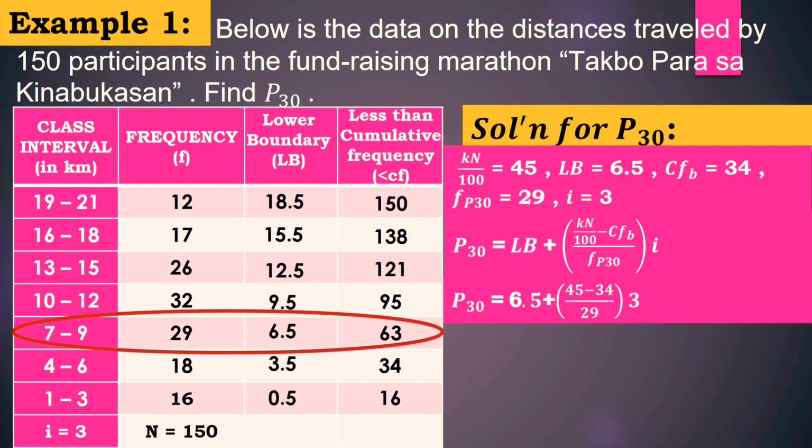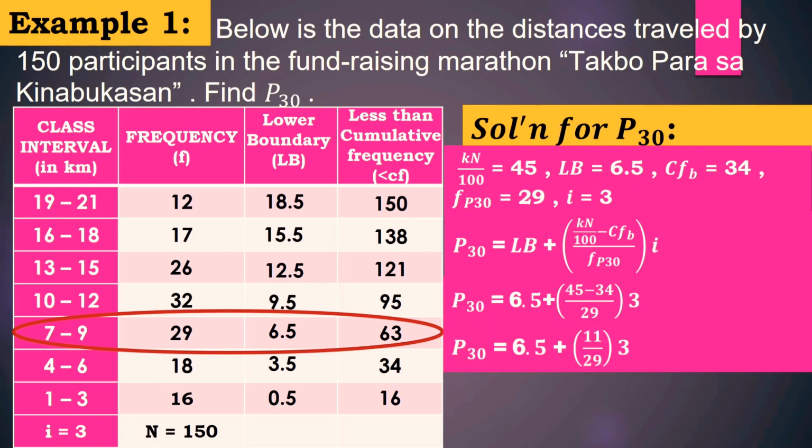CF sub B is 34 over the frequency of P sub 30 is 29 times 3. So we will simplify this first.